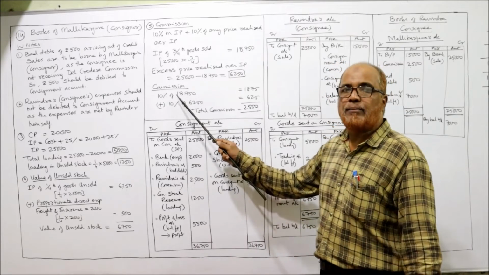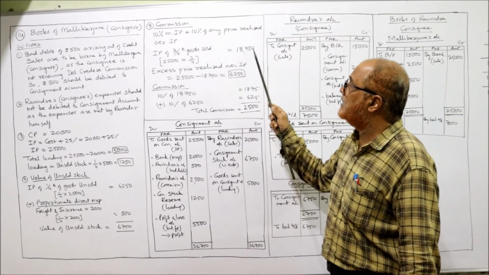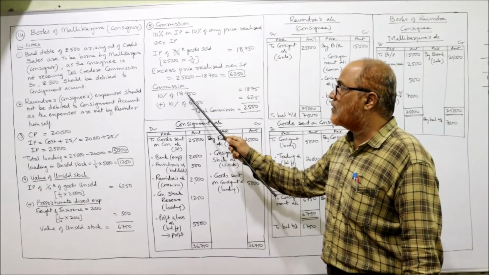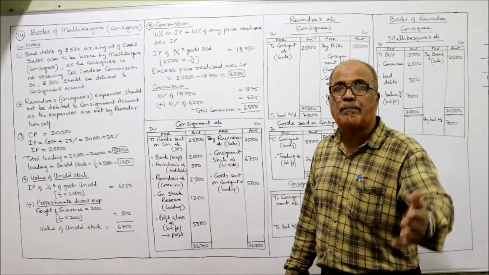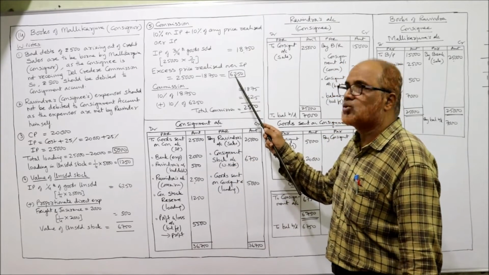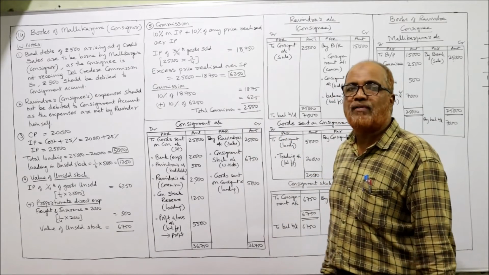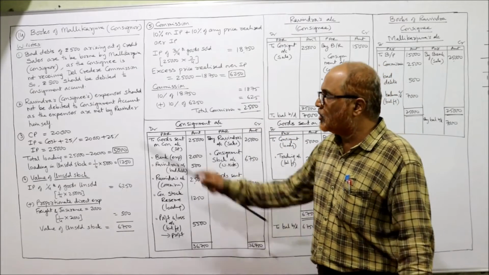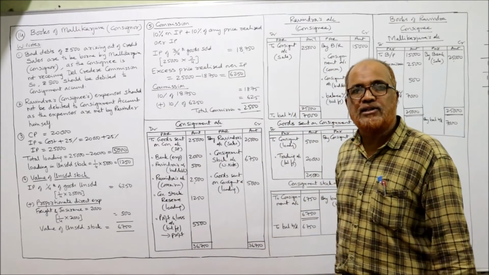Now we calculate commission. 10% of invoice price. How much is the invoice price? 18,750. So 10% of 18,750, 1,875, plus 10% of surplus. Surplus is 6,250. 10% is 625. So total is 2,500 commission. So these are the working notes we have calculated before starting the ledger accounts.